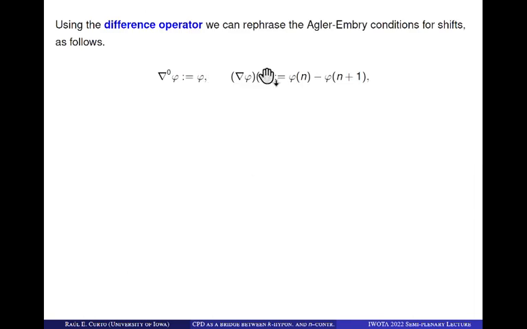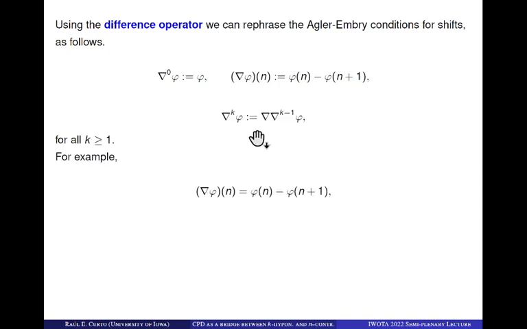So using the difference operator, we can now rephrase the Agler-Embry conditions for the shift as follows. So nabla to the power 0 is the identity, nabla phi n is phi n minus phi n plus 1. So it's the successive differences moving forward like this. And then you iterate the nabla to obtain nabla to the k.